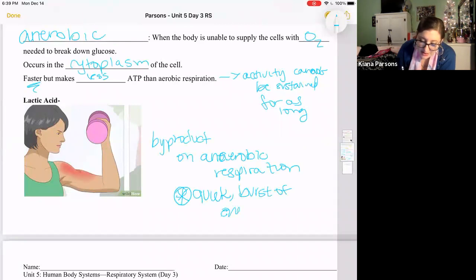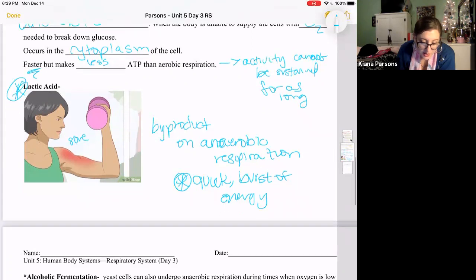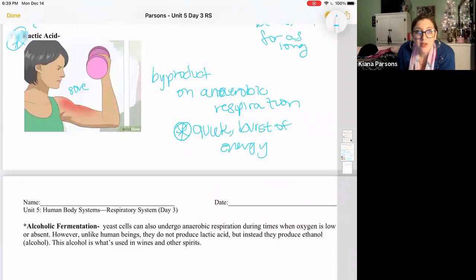So this happens even more quickly than the process of cellular respiration, but it produces less energy. This lactic acid can also cause soreness in the muscles. If you have ever felt really sore after a day of working out, or like you had to move boxes or something at home, and then the next day you had pain in your arms, that is what caused the pain.